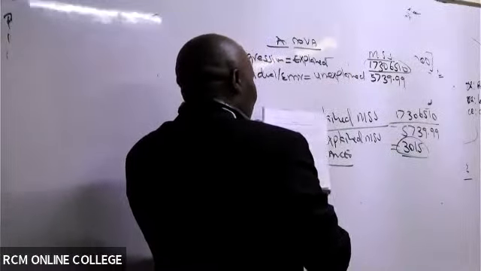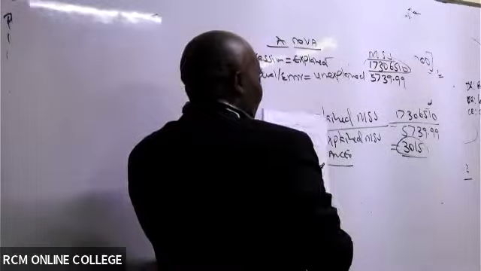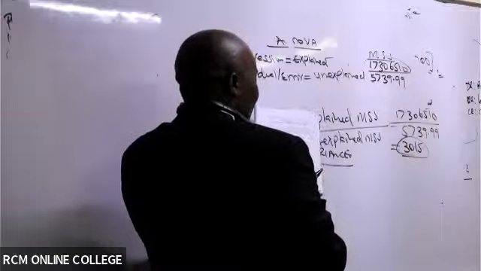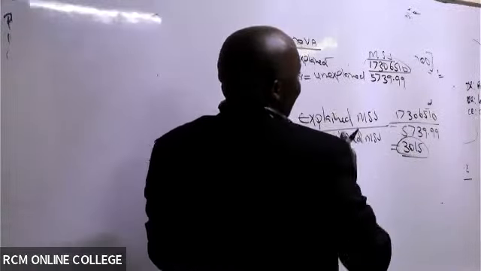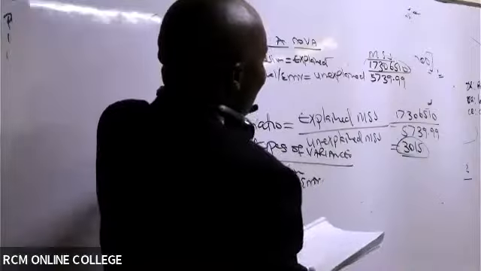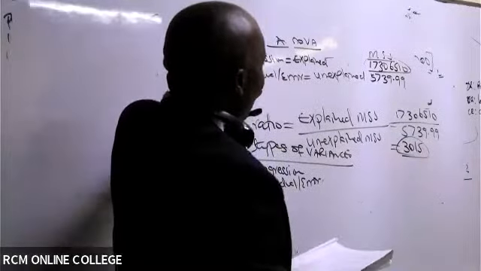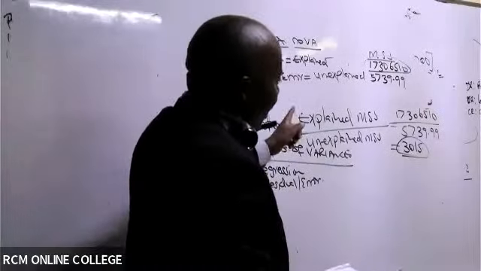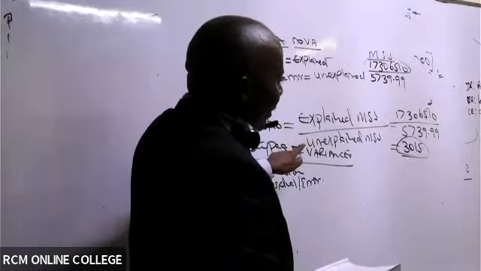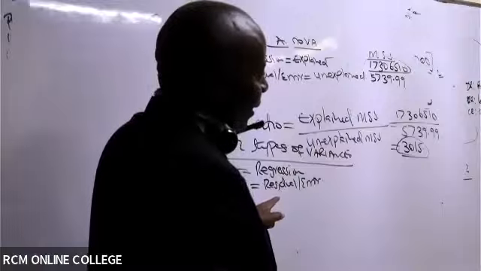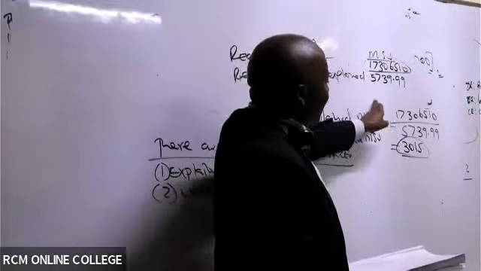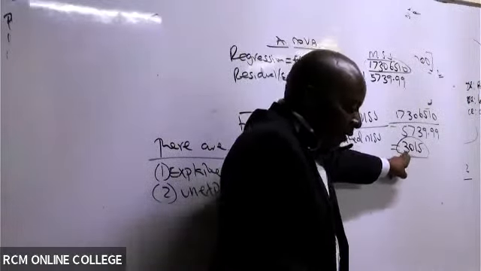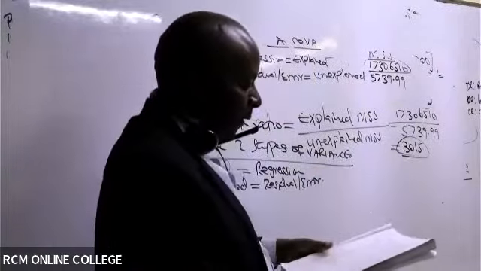Then the residual mean sum of squares is 5739.99. Remember that residual is unexplained, regression is explained. The formula is F ratio is explained MSS all over unexplained MSS. So I took this divided by this, and that's how I got the 3015 point something.